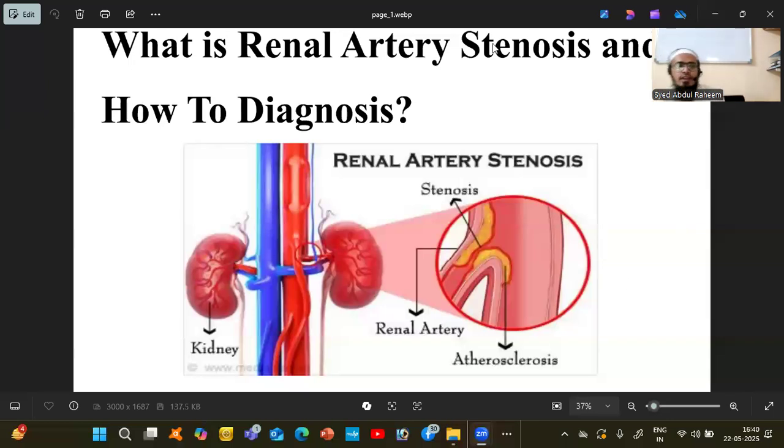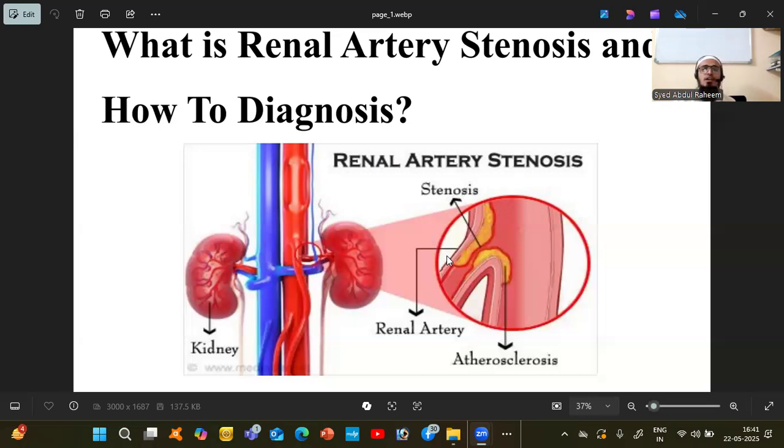So this is renal arterial stenosis. Here there is a plaque, it may be a cholesterol plaque or an embolism that came from the heart, enters the kidney, embolism, thrombosis. Any type of cholesterol accumulation leads to deficient blood supply to the kidney.